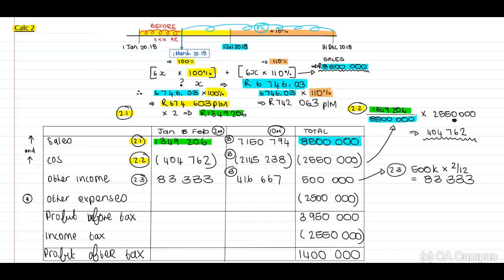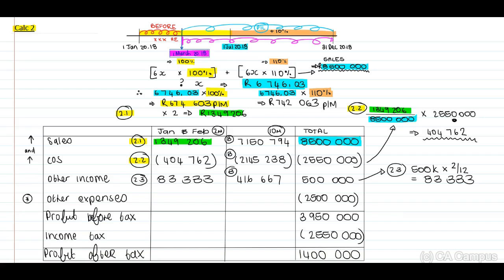Therefore, in our calculation, we need to take out that 500,000 for the first 2 months. Remember, when you look at your timeline, guys, there's management fees for the period 1 March 2018 up until 31 December 2018. Therefore, for this period only.